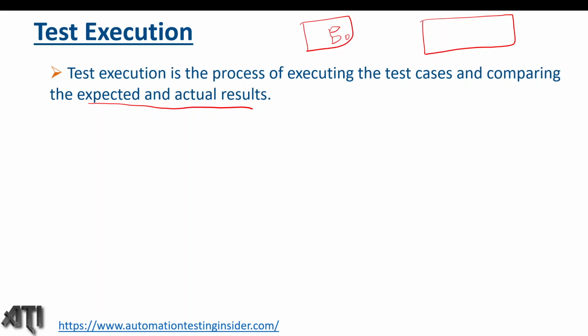We should see the home page, right? That is the expected result. As part of test execution, we execute our test cases and compare the expected with the actual results, whether we are able to get the home page or not. That is just an example, and that is nothing but the execution.